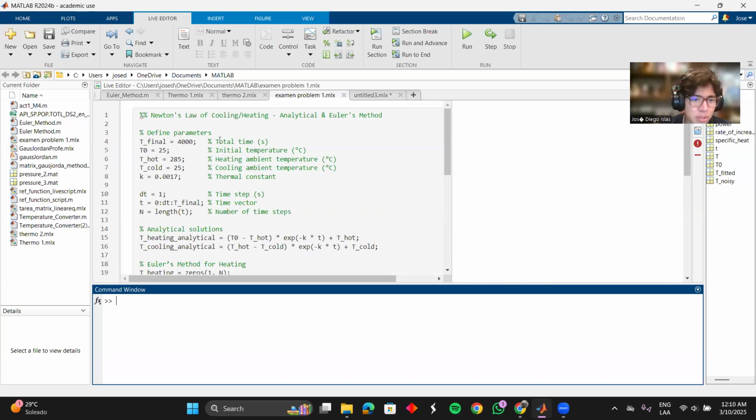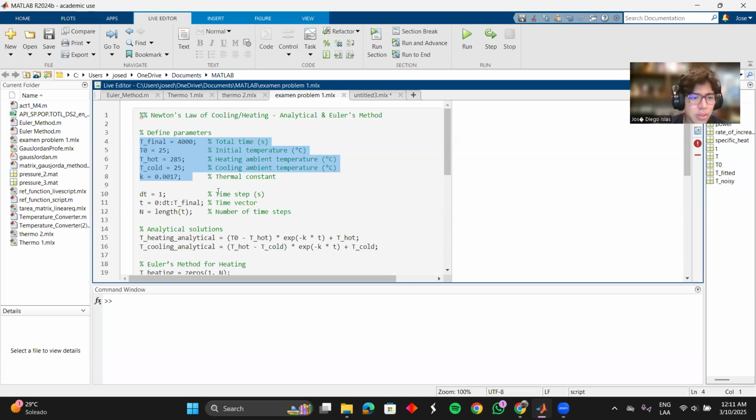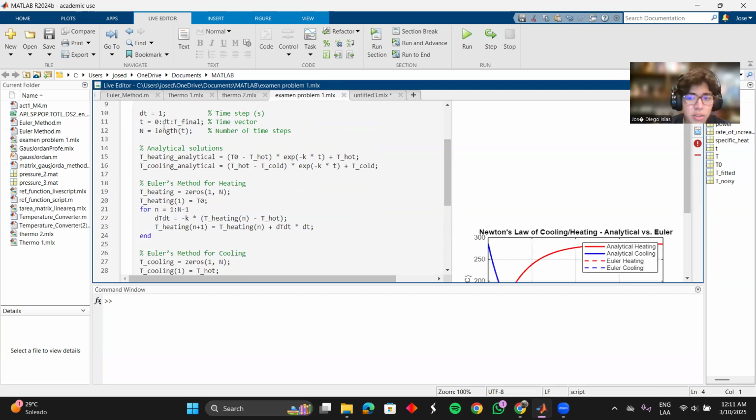We set the parameters, like the data that we know from the exercise, or that we obtain from the calculus. Also, we need to make this easy for MATLAB to understand.